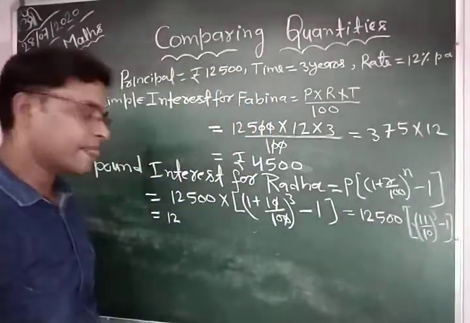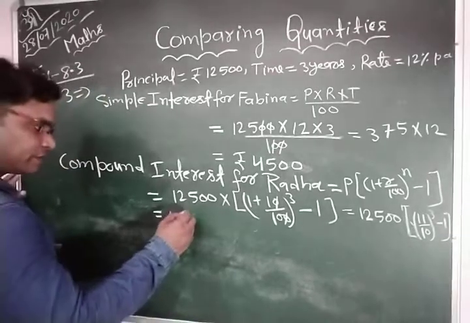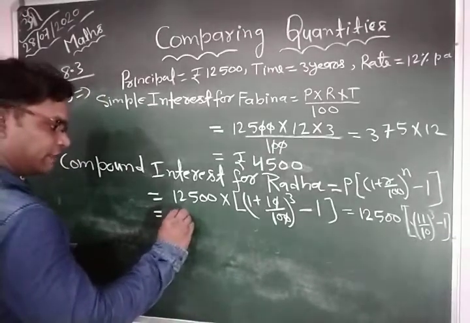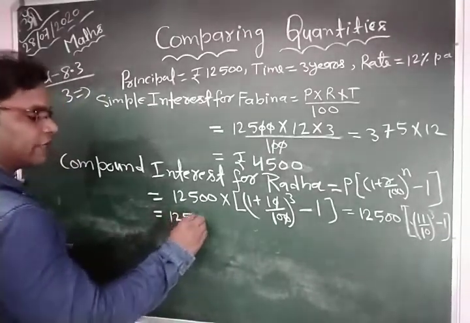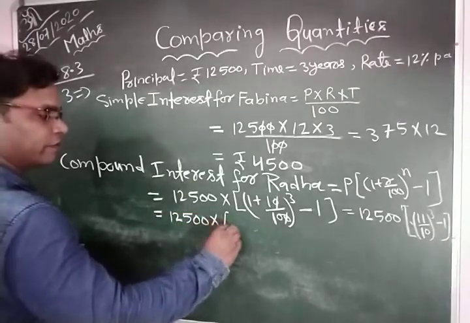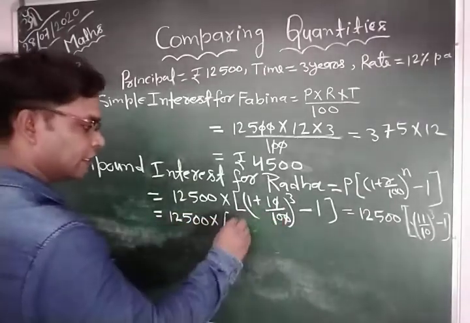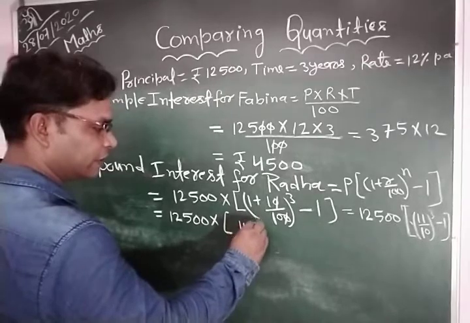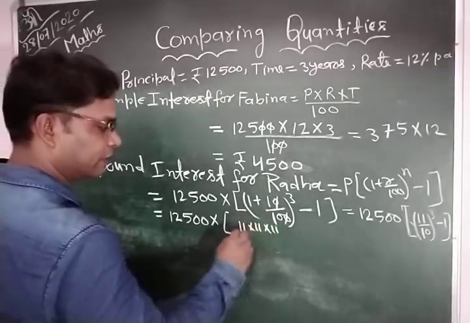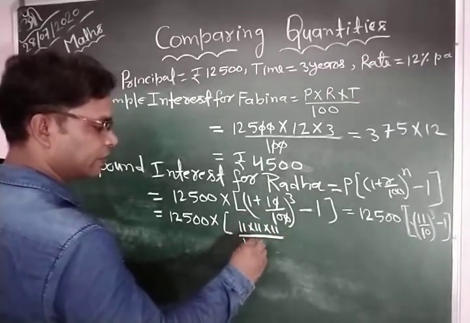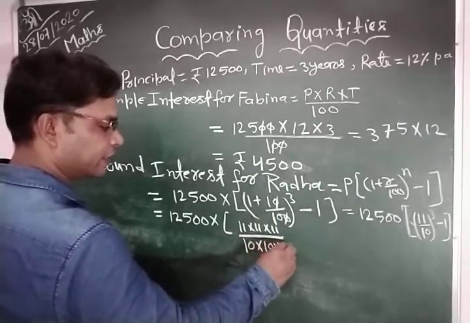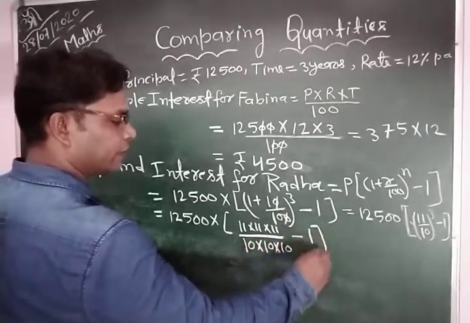So you can write here 12,500 into (11 into 11 into 11 by 10 into 10 into 10), minus 1. Clear?